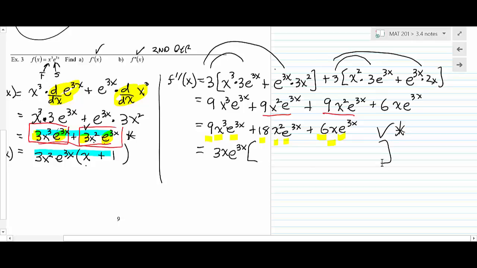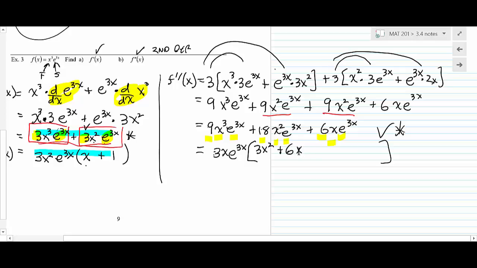Now see, you've got to learn to try to do this in your head. So you're doing this like this. What do you multiply 3 by to get 9? By 3, right? What do you multiply x by to get x to the third? X to the second. So that's what goes there. Okay, now go to the second term. 3 times 6 is 18. X times x is x to the second.